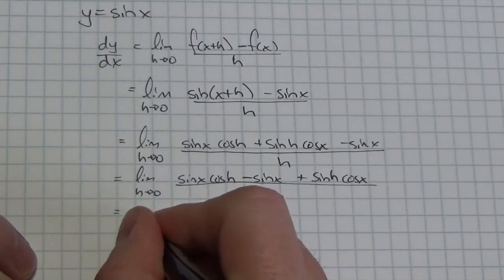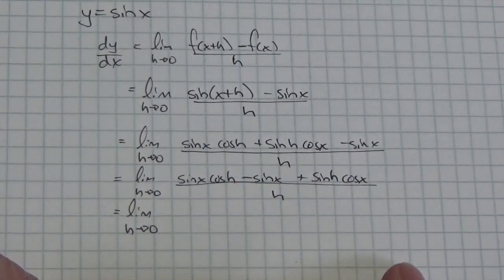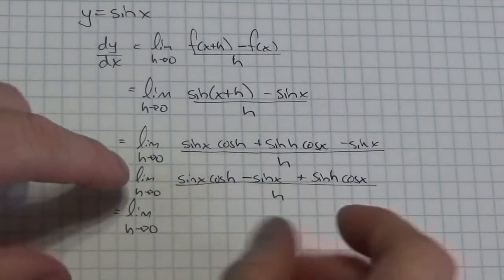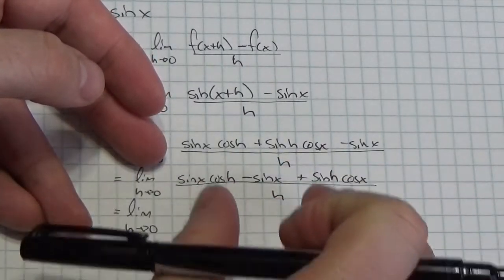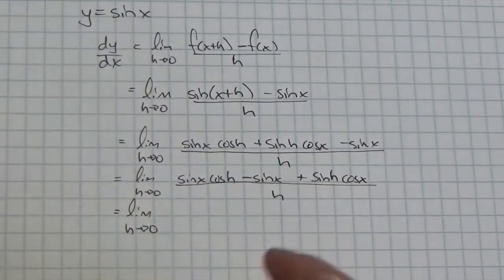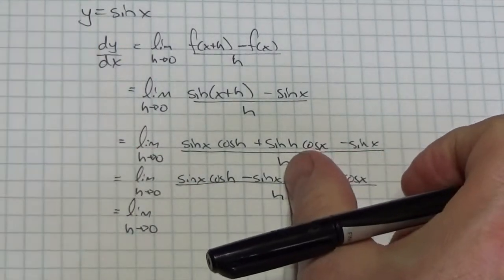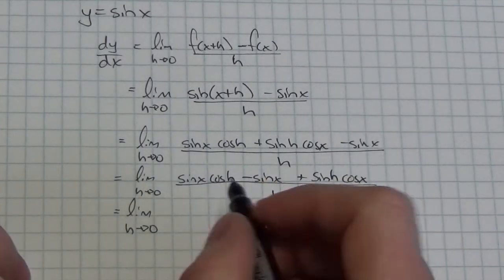So what I'm going to do right now is two things in this step. I can distribute the h, because I've got these three terms all being divided by h. I can split that up: I'm going to divide this pair of terms by h, then divide this one by h, and I'm also going to split up the limit. So it's going to look like this.